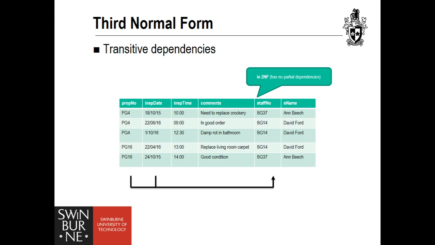We can see the staff number depends on the primary key. If we know which inspection we mean, we can also tell the staff number who conducted the inspection, but the staff name is redundant. We only need to know the staff number to be able to tell the staff name. So although the staff number and name are uniquely defined by the primary key, the staff name can be determined by the staff number alone. So we have a transitive dependency.